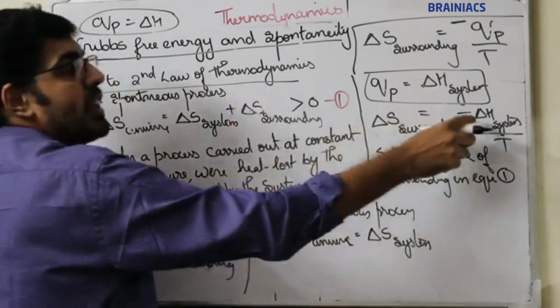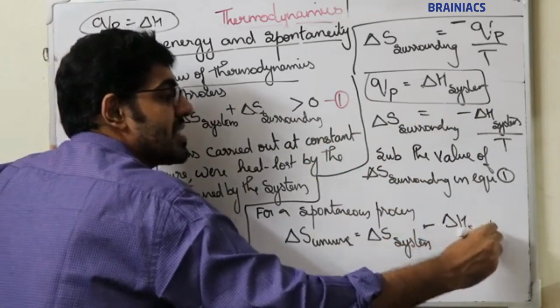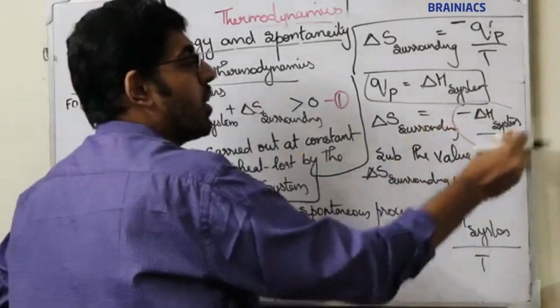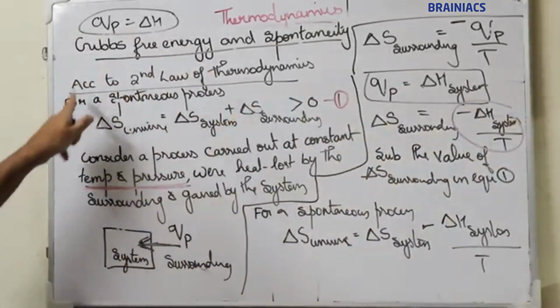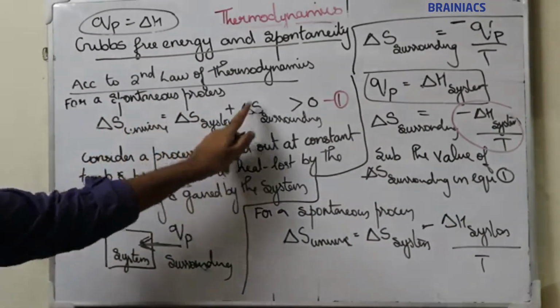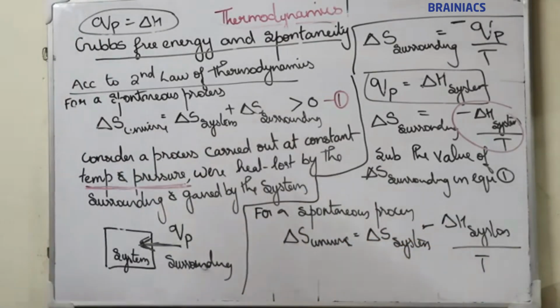Instead of delta S surrounding, we can substitute this one, that is minus delta H system by T. So for a spontaneous process, delta S universe is equal to delta S system plus, instead of delta S surrounding, minus delta H system by T. I think it's clear till here.